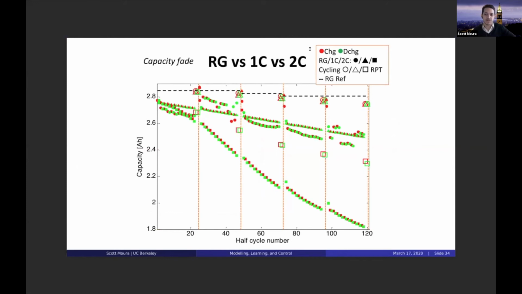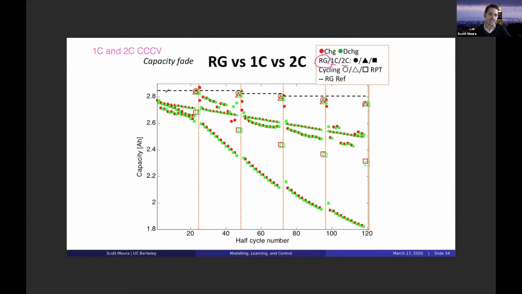So what I'm showing you is a comparison of the reference governor against CCCV. So 1C and 2C, these represent constant current, constant voltage. So let me write this down. We have 1C and 2C CCCV cycles. Okay, those are the triangle and the squares respectively. And then we have the reference governor, which is given by these circles.